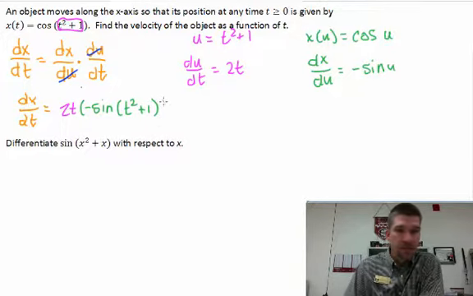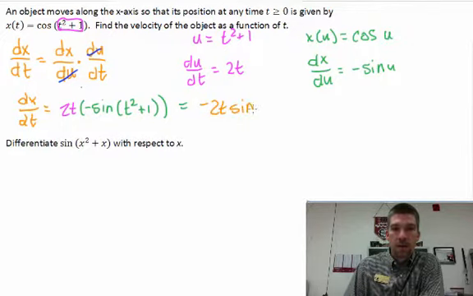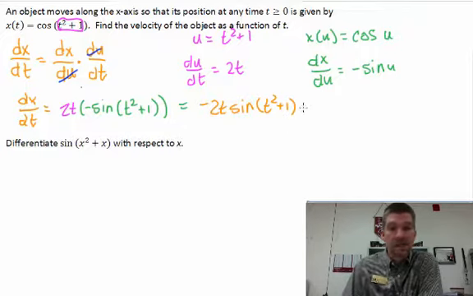So how would we look at this as our final answer? We would simply say, for our final answer, that negative 2t sine of t squared plus 1 would be the velocity of the particle.